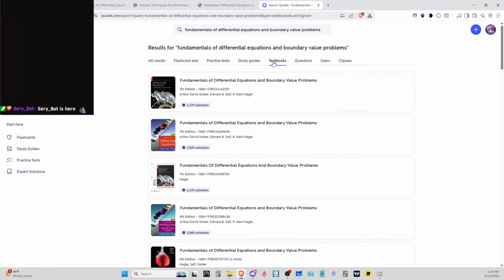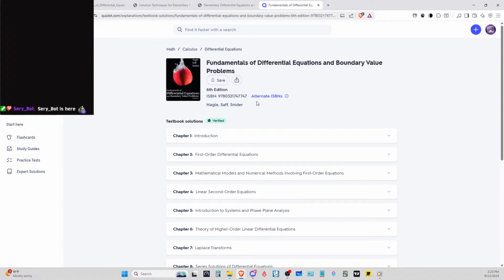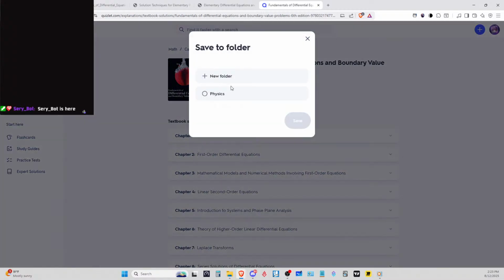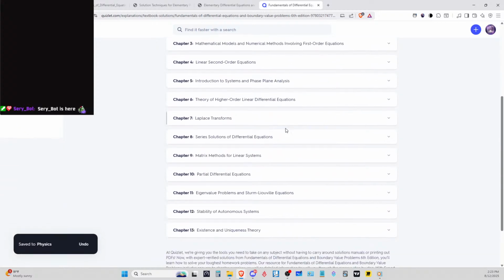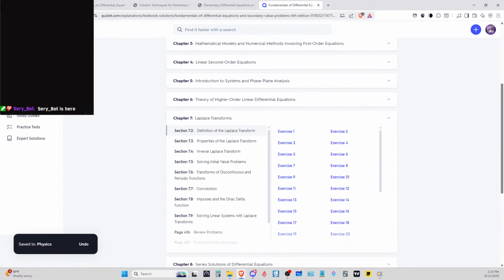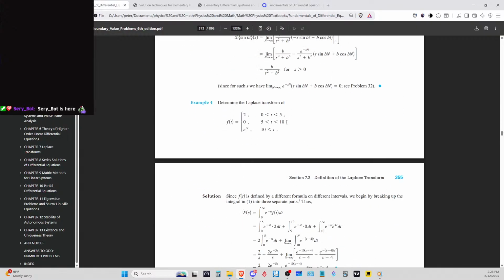I think this is the edition we're working with. I know it says a physics folder, but put the Laplace transforms here. So that's the original definition.